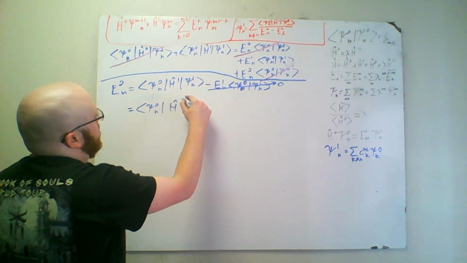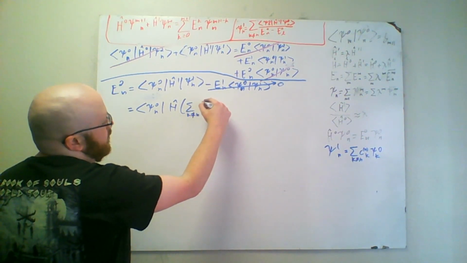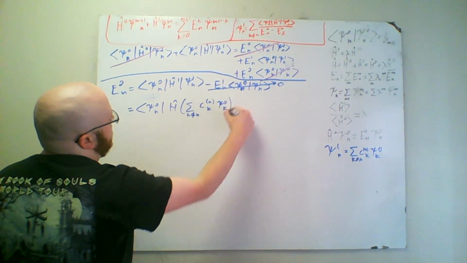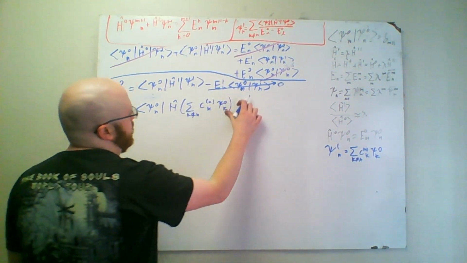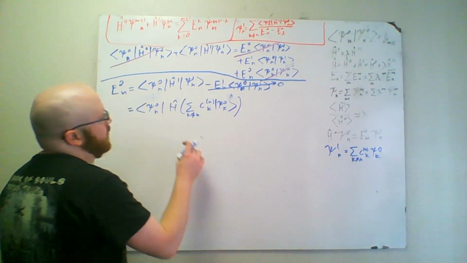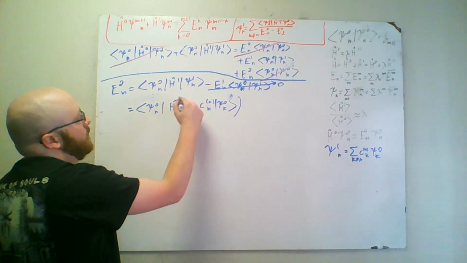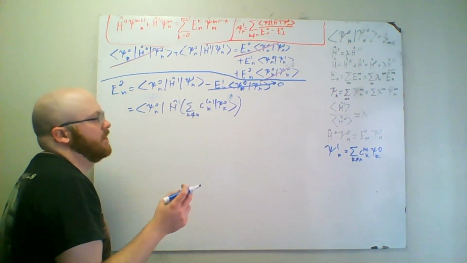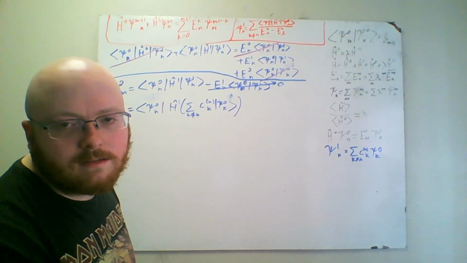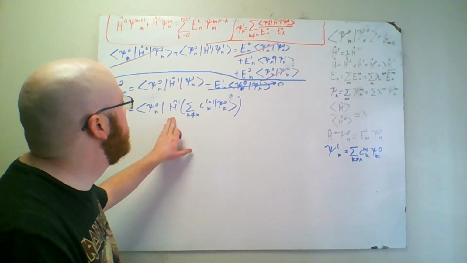So I'll do this: sum k not equal to n, c n k, psi 0k. Right. So then this applied to here is on, or this applied to this. I think that gets us. Well, no, we won't know ahead of time.